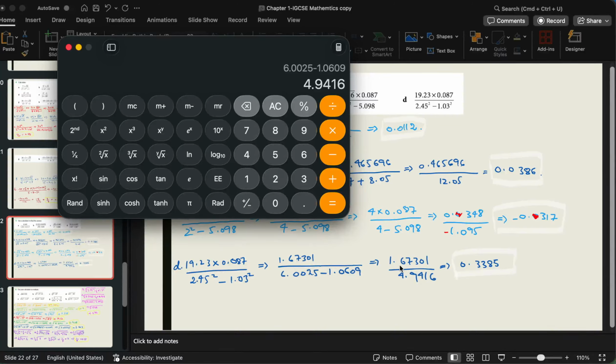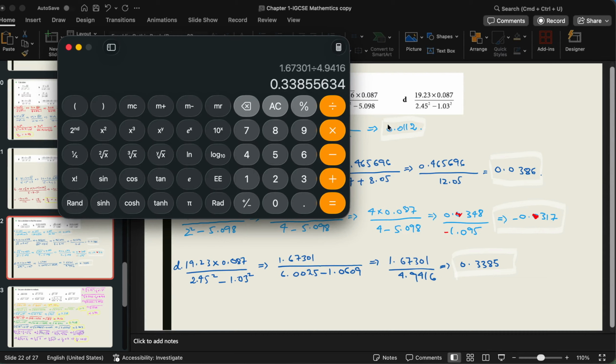Now that we have one value in the numerator and one in the denominator, we can easily perform the division. So we will do 1.67301 divided by 4.9416, which is equal to 0.3385.